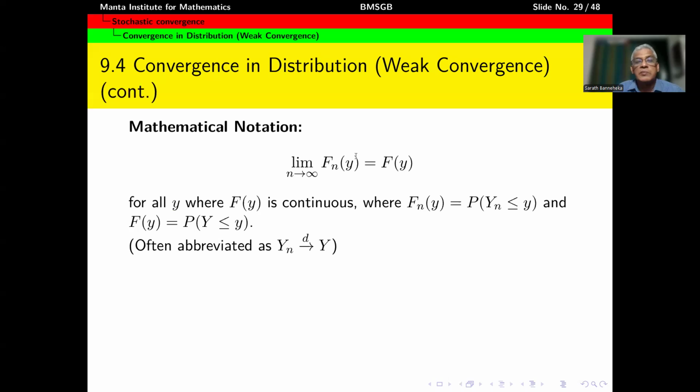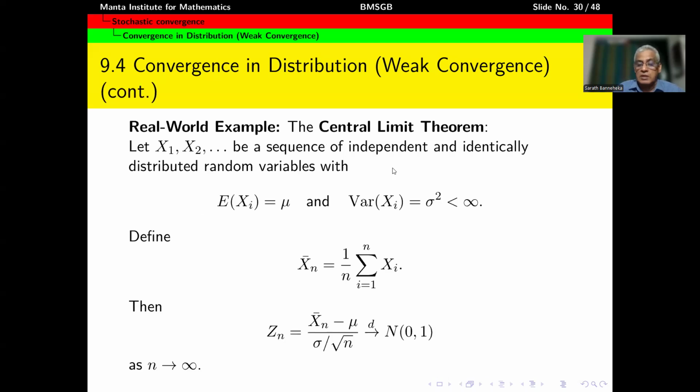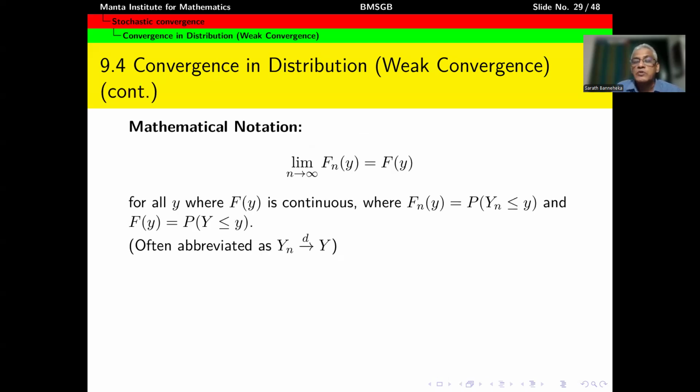If the limit is equal to F_Y, where this F_Y is the cumulative distribution function of the random variable Y, right? So if this happens for all small y values where this F_Y is continuous, then we say that the sequence of random variables Yn converges to Y in distribution.